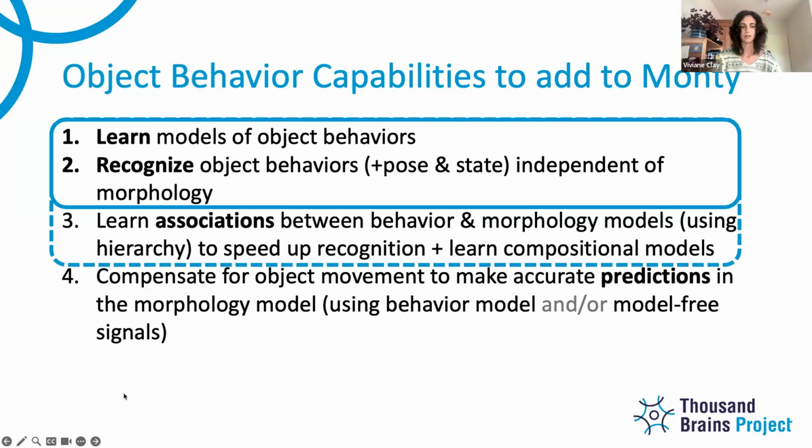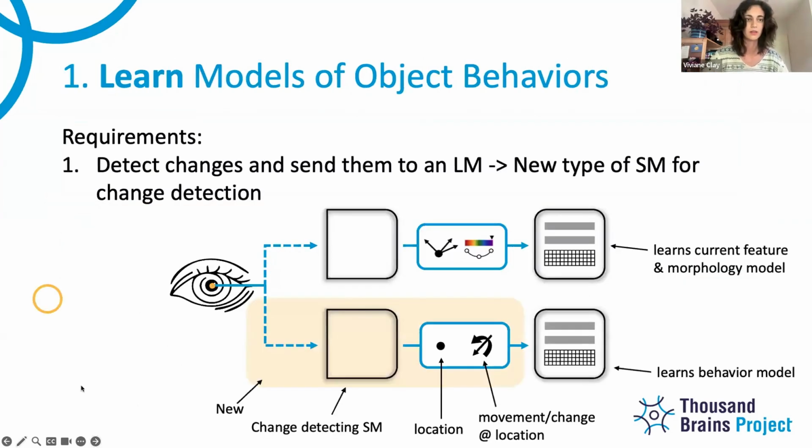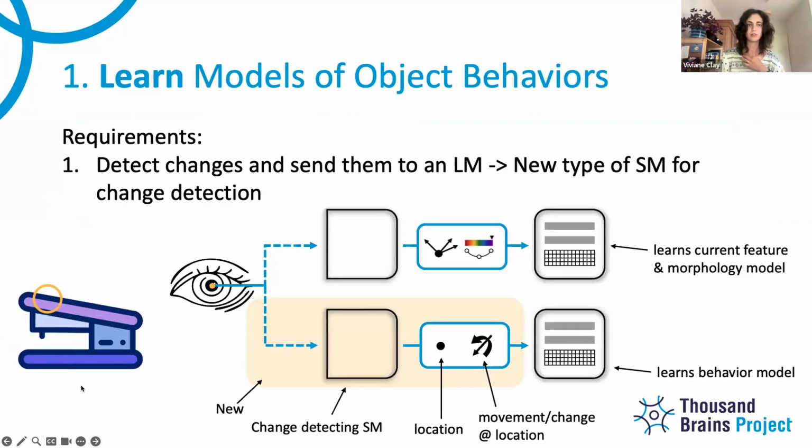Okay, so then, yeah, I'll jump into number one, learning models of object behaviors. So there are a couple of requirements that would need to be added to Monty. Number one, I think the biggest thing would be to add a new type of sensor module that can detect changes instead of static features and send them to a learning module.